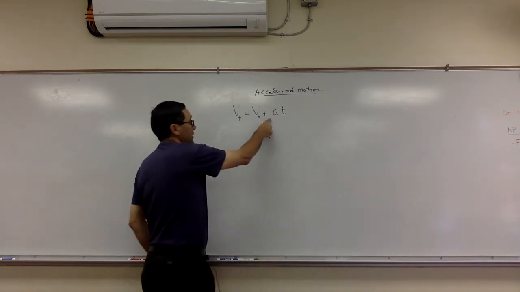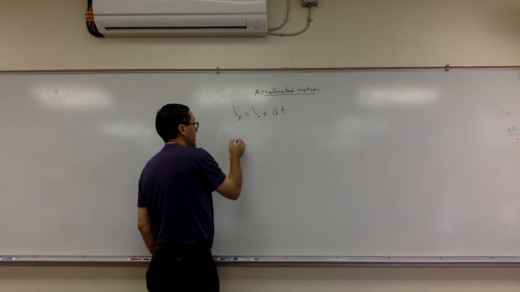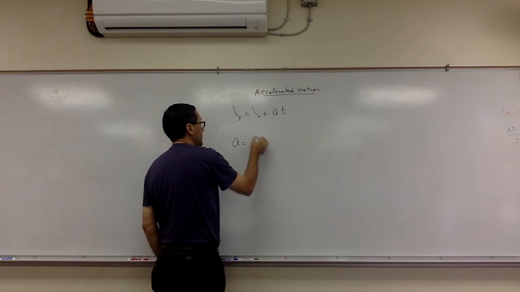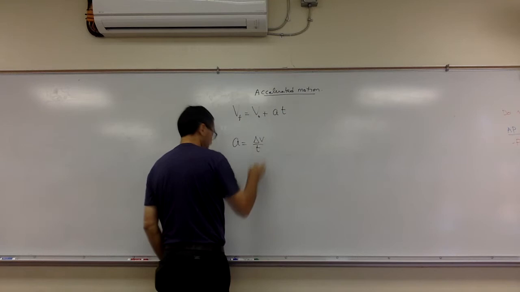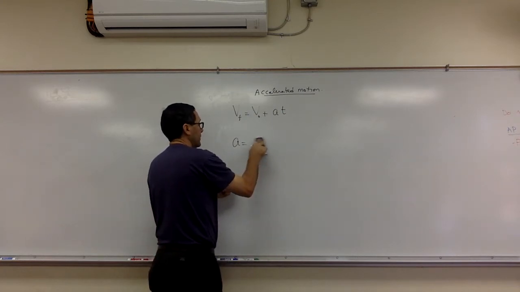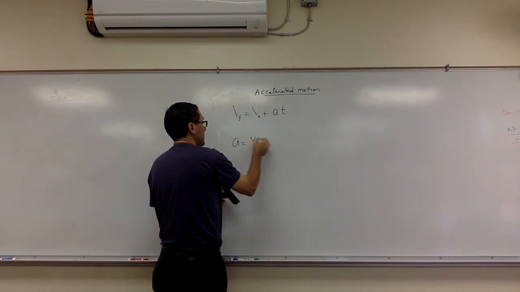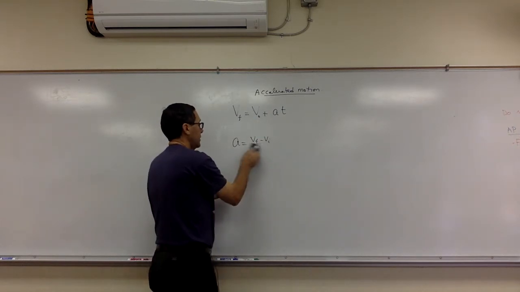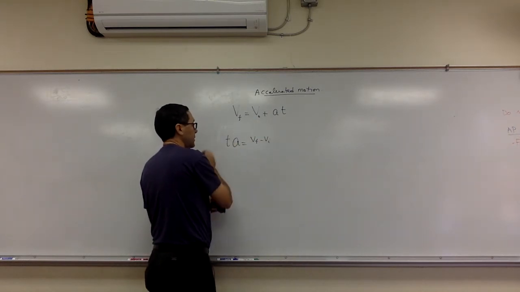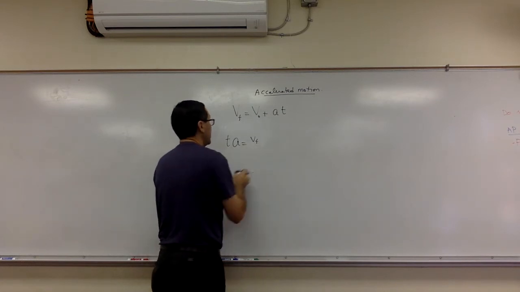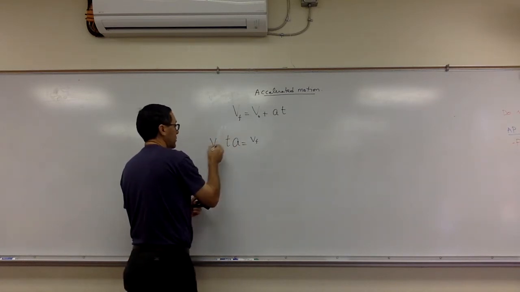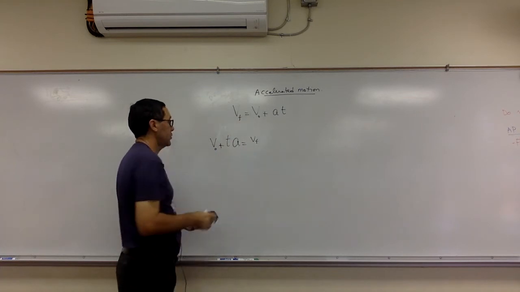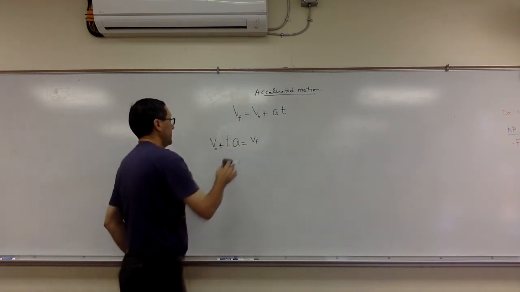If you think about it, this is nothing other than what I did earlier. So I said A is change in velocity over time. And the change in velocity is the final velocity minus the initial velocity. So if we manipulate this equation a little bit, I put the time here, right? And if I move the V initial or VO here, these two equations look the same.